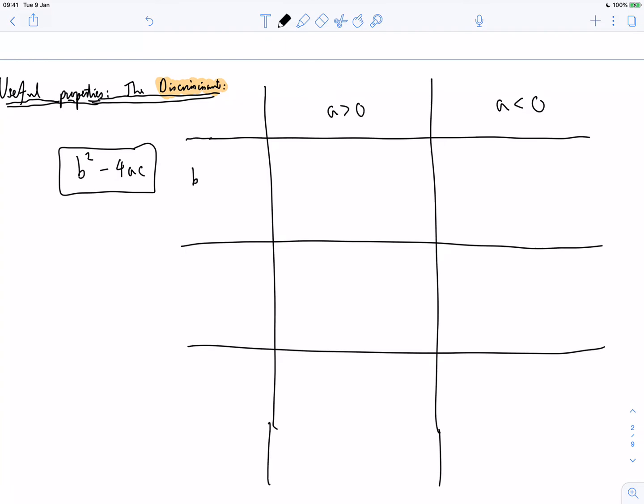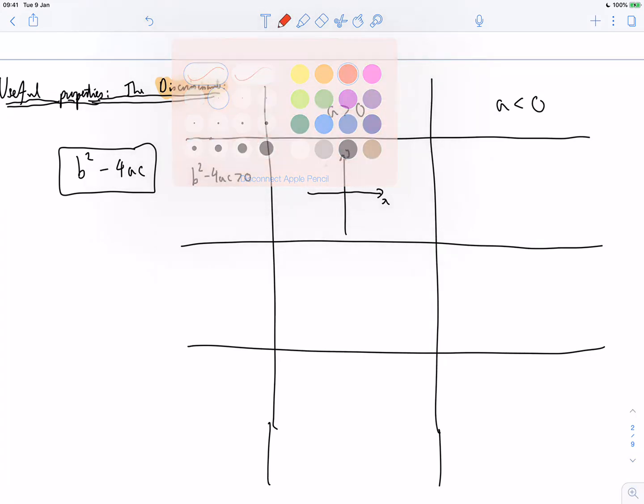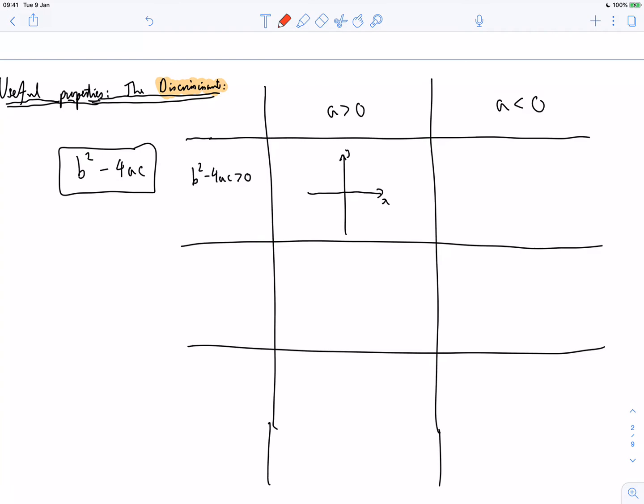So if b squared minus 4ac is positive, then if I was to draw a graph of x and y, that means if the discriminant is positive and a is greater than 0, then our quadratic cuts the x-axis and it has two real solutions. Two real solutions. And they're distinct. Okay, that means they're different. So two real distinct solutions.